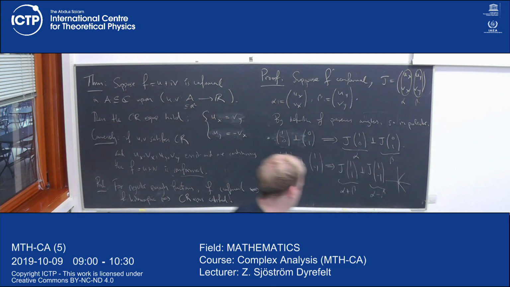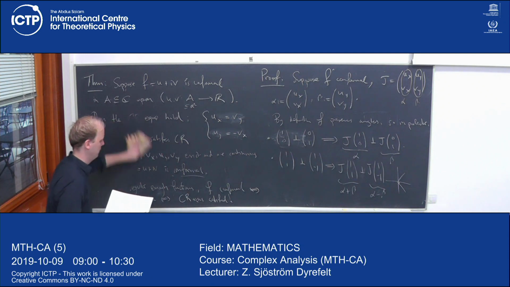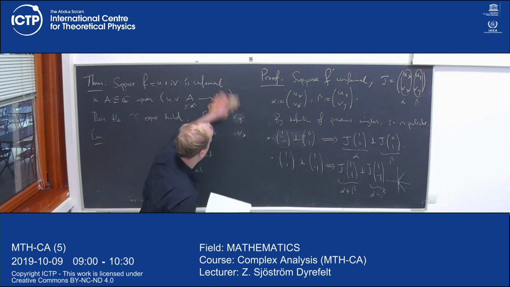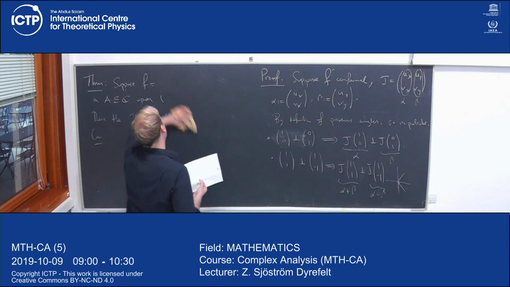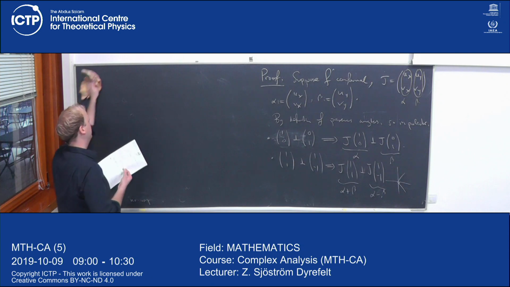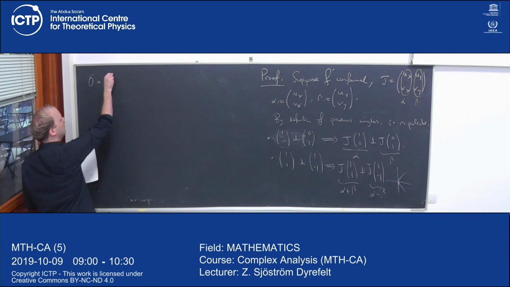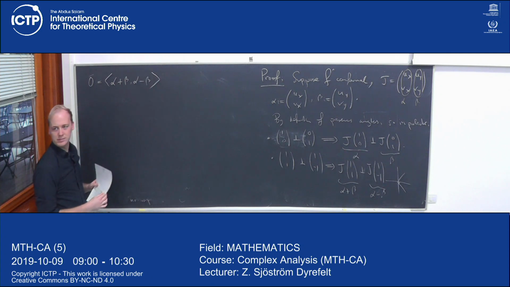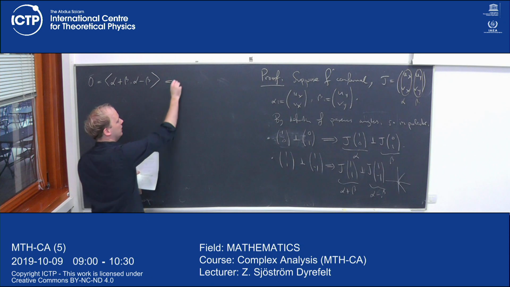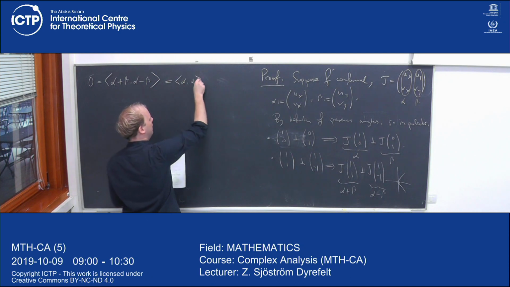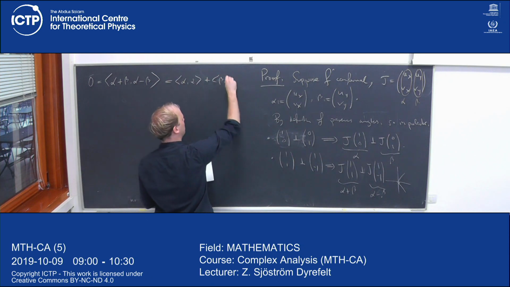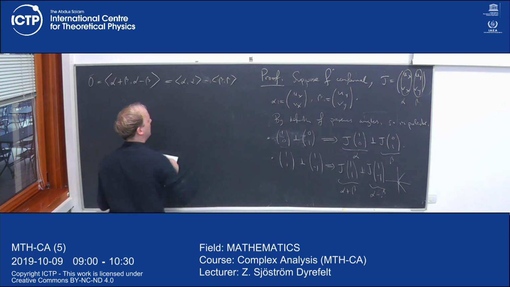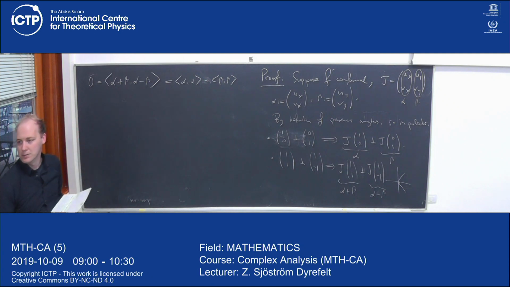So what does it mean now to be orthogonal? In terms of the scalar product, it means that the scalar product is 0. So now let's see what we get. We get that 0 is the scalar product of alpha plus beta and alpha minus beta. But what is this? This is equal to the scalar product of alpha and alpha plus the scalar product of beta and alpha, minus the scalar product of beta and beta.